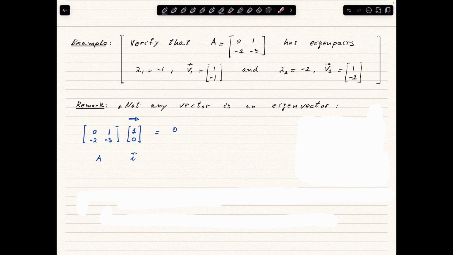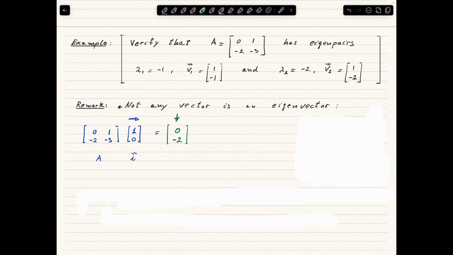Let's write it down in a different color, in green, 0. And then this vector times that, so that column times this row, we are going to get a negative 2. So we put a negative 2. Well, this is a vector that is pointing in a different direction, the vertical downwards direction, isn't it?